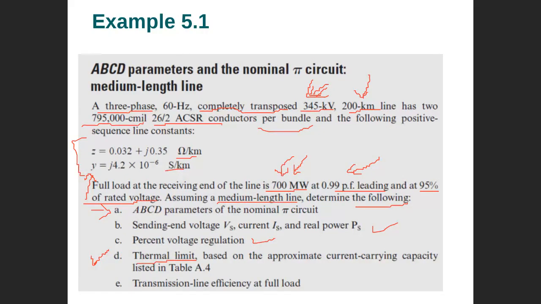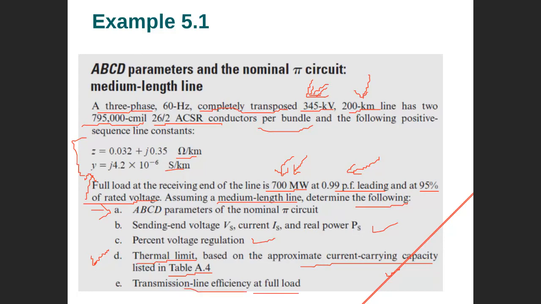We'll go to table A4, our favorite table, A3 and A4. So, approximate current carrying capacity: the thermal limit will be based on the current. Please don't write on the slide. And then the transmission line efficiency at full load.